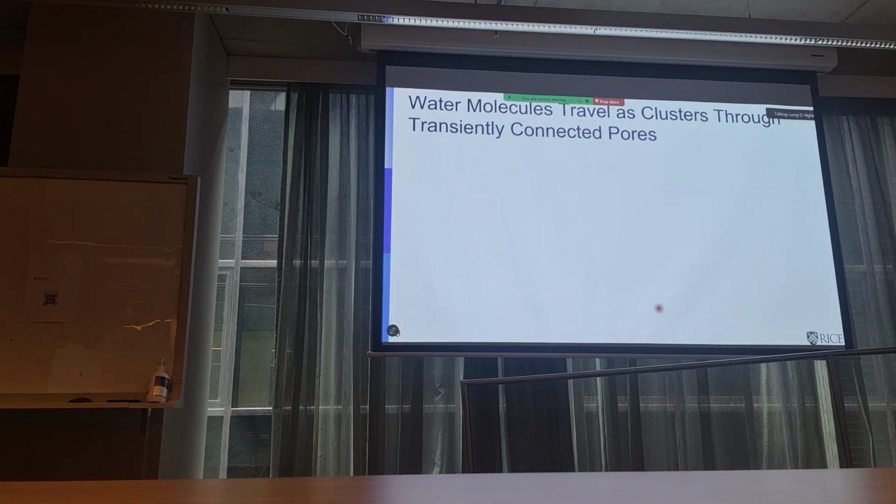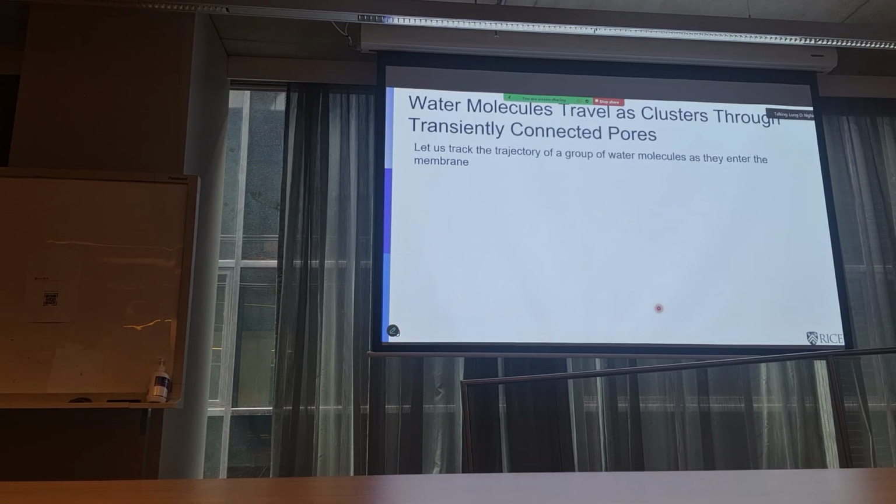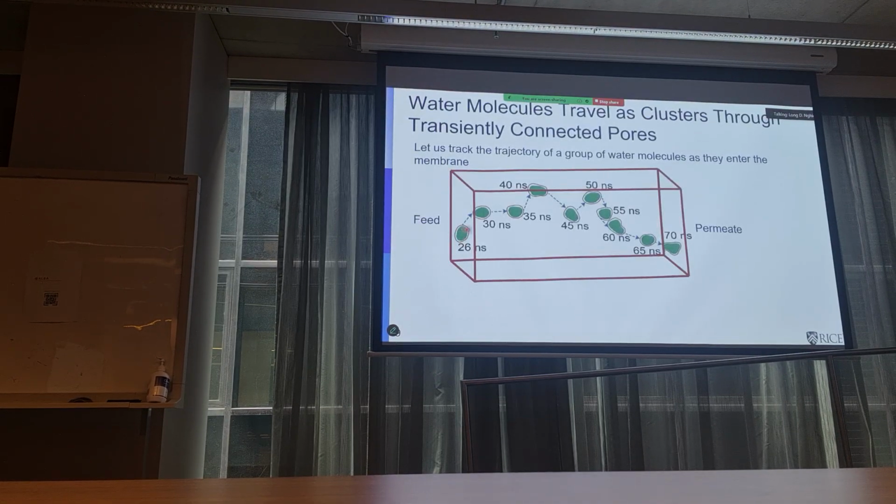Then water molecules travel as clusters through the transiently connected pores. Let's now track the trajectory of a group of water molecules. We took here a group of many clusters of water molecules, and through the simulation, we simulated what happens to them.